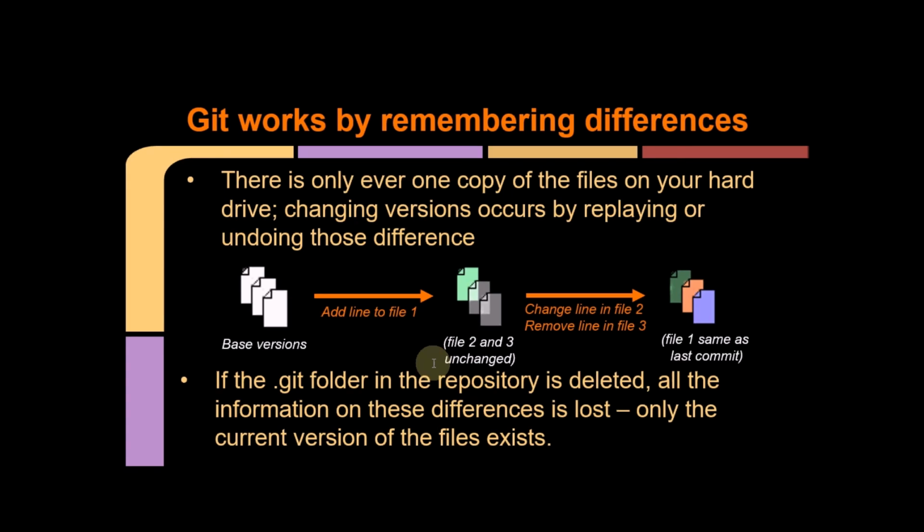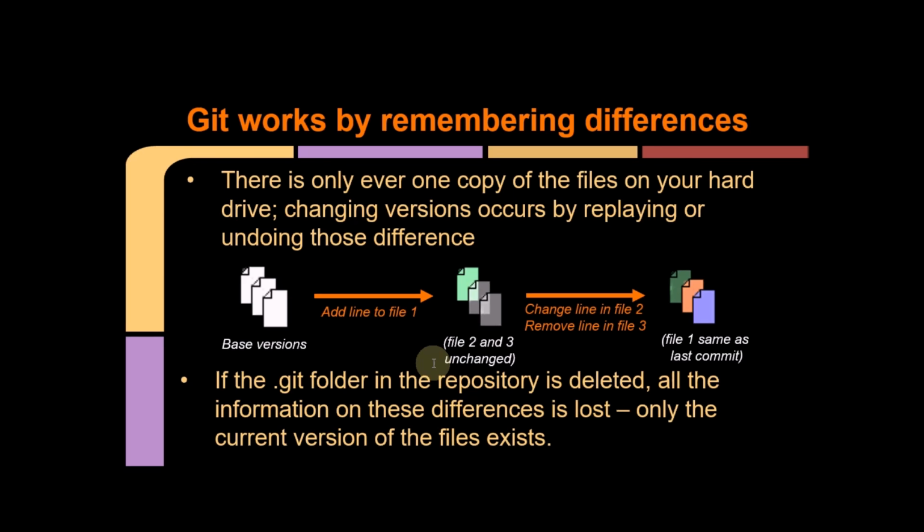Then if you change the line in file 2 and remove the line in file 3, it remembers those changes, but it's not saving 3 different versions of 3 files. It's saving the changes that you've made. And this both cuts down on the amount of hard drive space it requires and lets it move between different versions much more easily.